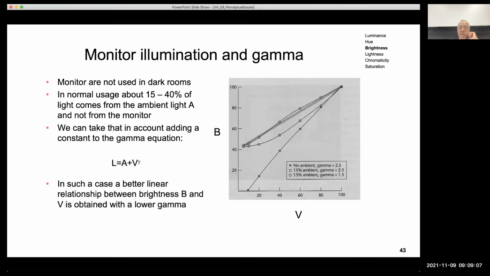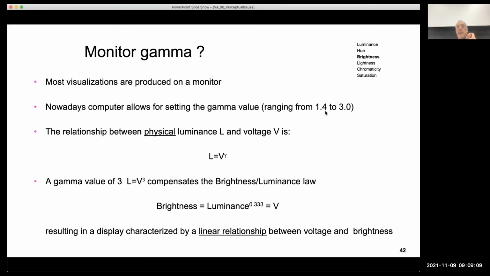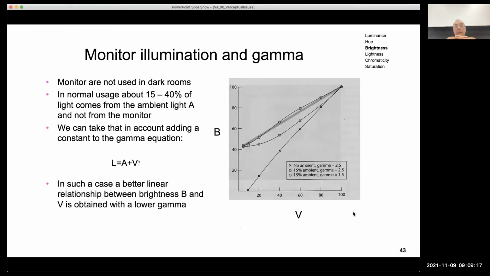But why do we have this possibility of changing it? Because this formula is constant, and typically the monitor is very likely not used in a dark room. You have some light around.